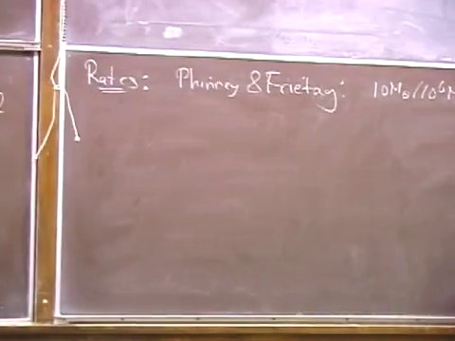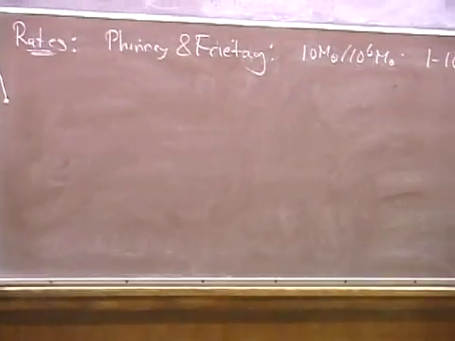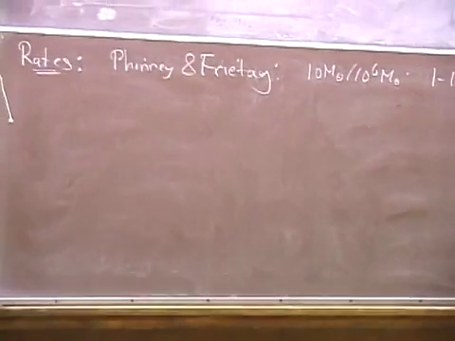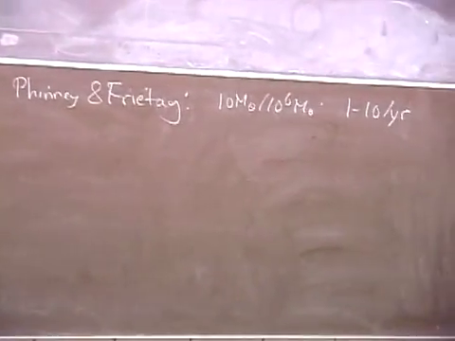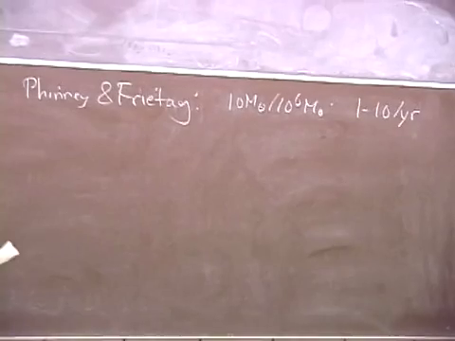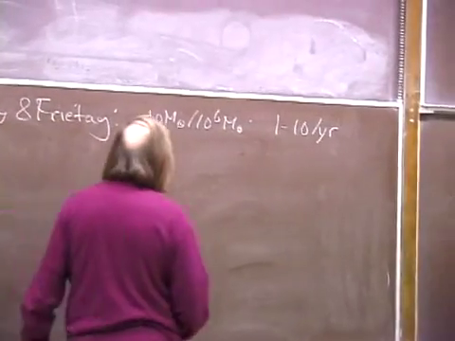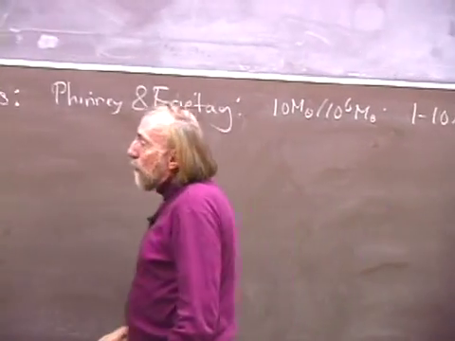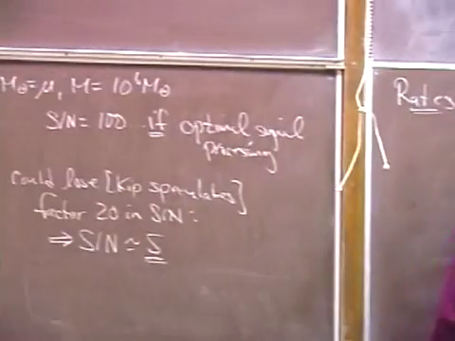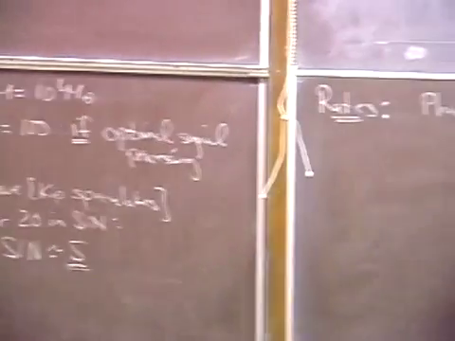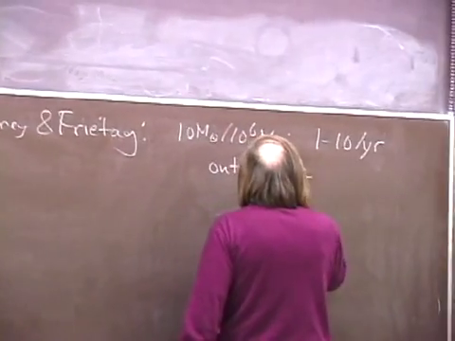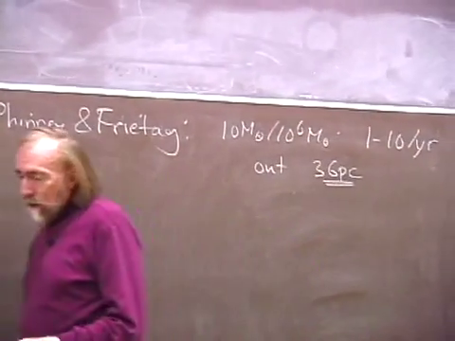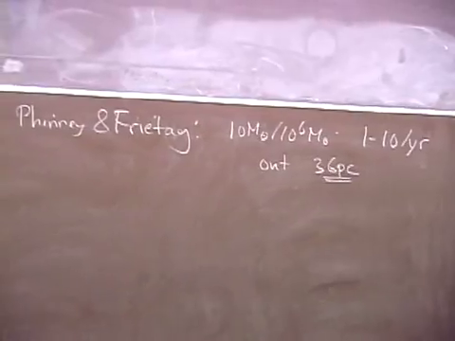That's 1 to 10 per year. At what distance? I didn't write it down, but I think it's out to the 3 gigaparsecs that I had in the diagram. So I was working at a distance of 3 gigaparsecs. That is out to something like a cosmological redshift of order unity.